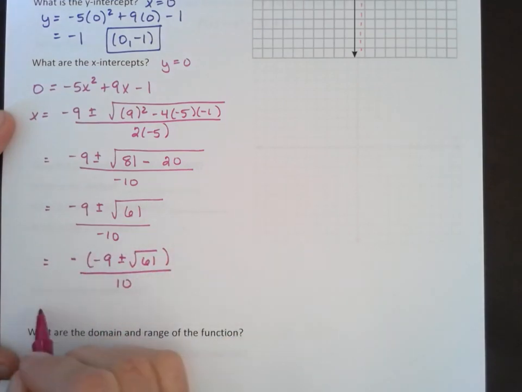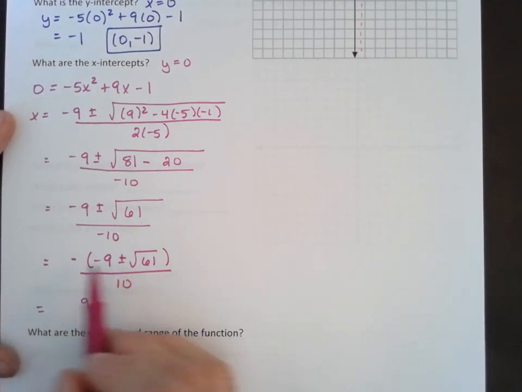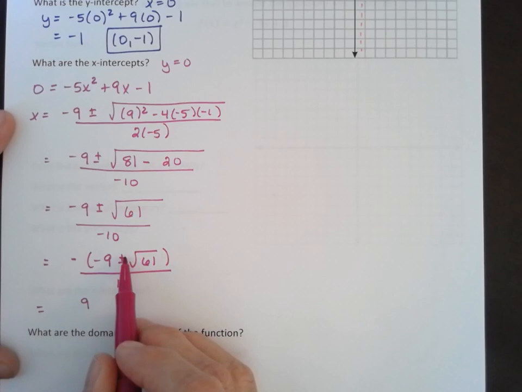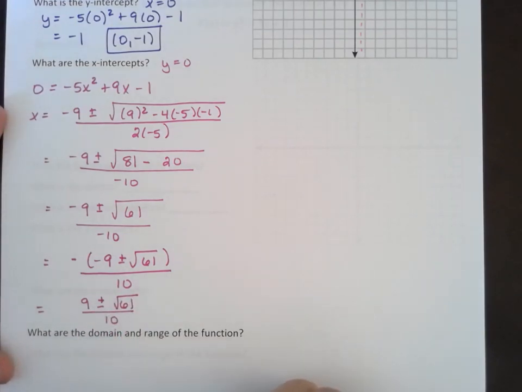Distribute that negative 1. That becomes a positive 9. This is plus or minus. Well, the opposite of plus is minus, and the opposite of minus is plus. So don't we still have plus or minus? I know that was kind of strange. You can rewind and play that again if you need to.